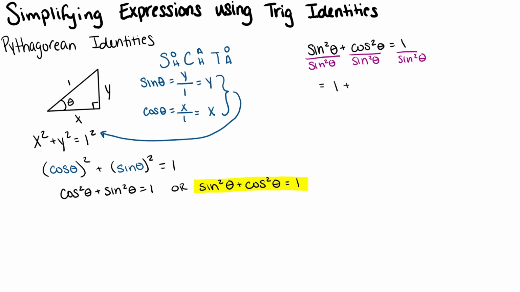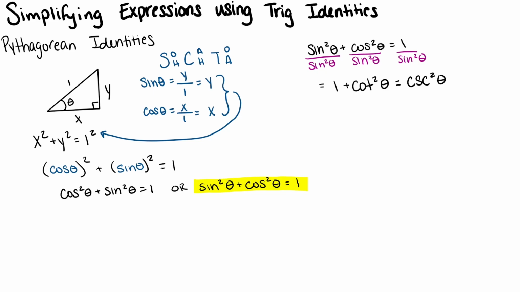Cosine squared theta over sine squared theta is the same as cosine over sine, which is our quotient identity of cotangent. So we know that cotangent is cosine over sine, which means cosine squared theta over sine squared theta is cotangent squared theta. And 1 over sine squared theta, our reciprocal identity, tells us that's cosecant. So this is cosecant squared theta.